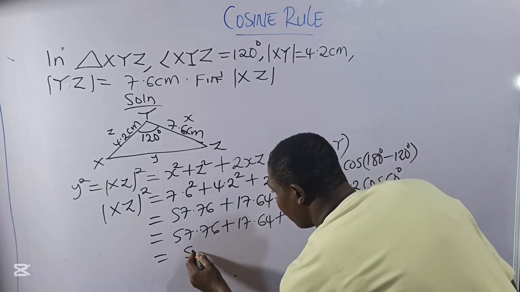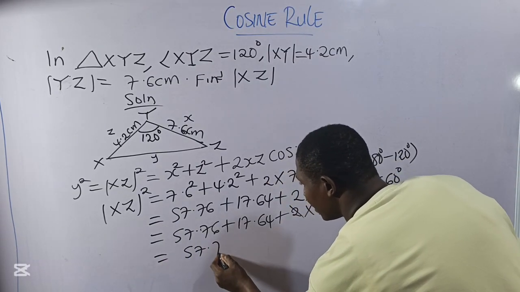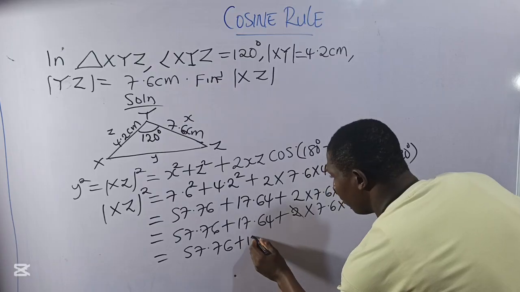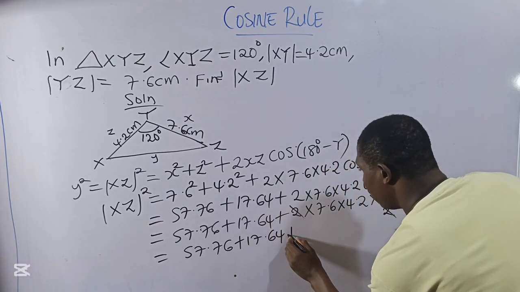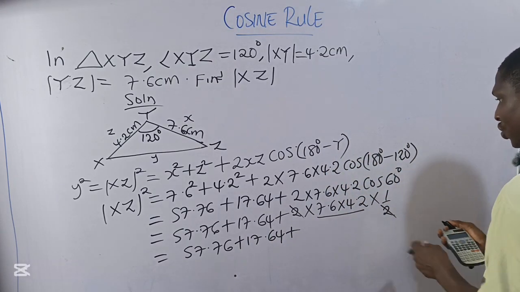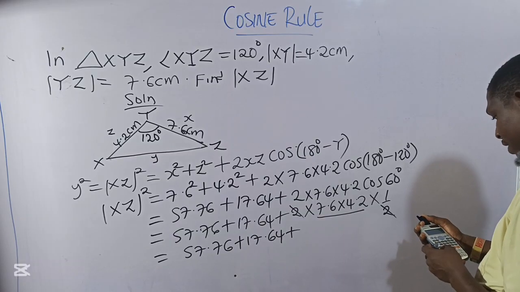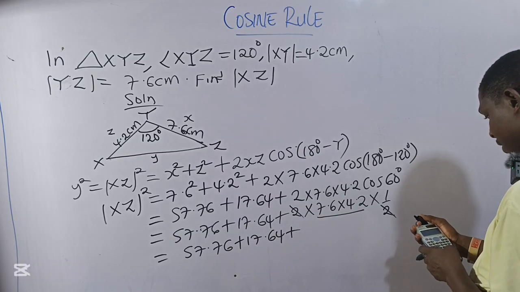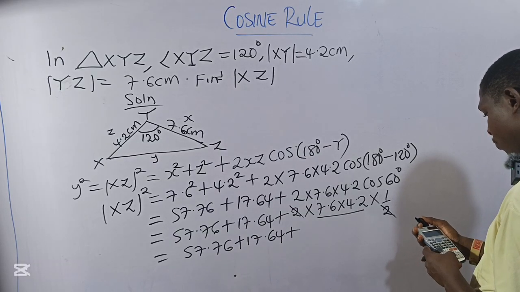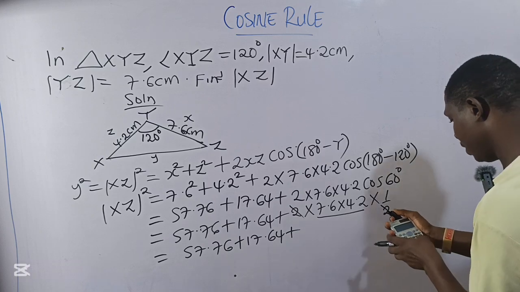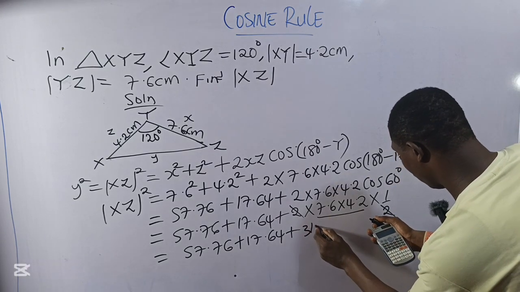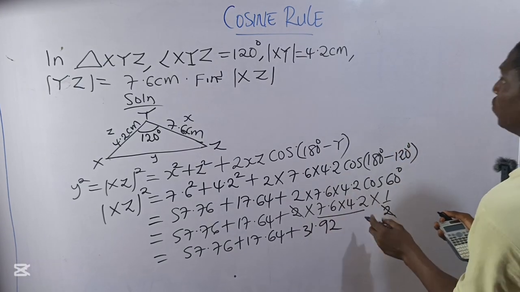I therefore have 57.76 plus 17.64 plus, I can multiply these two now. So I have 7.6 times 4.2, giving me 31.92.